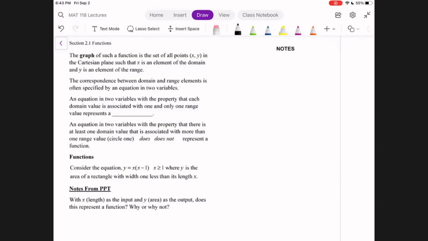Okay, so remember, what are we talking about, right? So let's make sure we get the right vocab here. So take a moment. What do you think it would be?